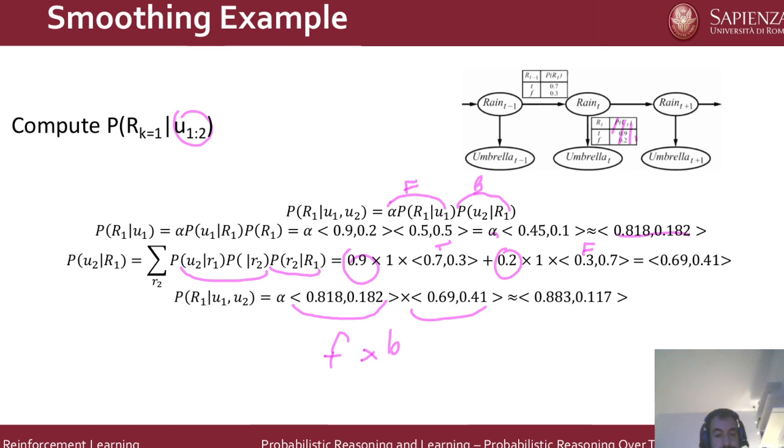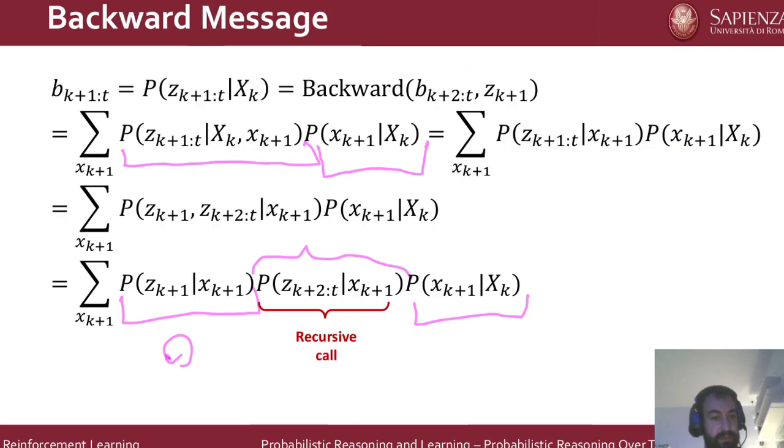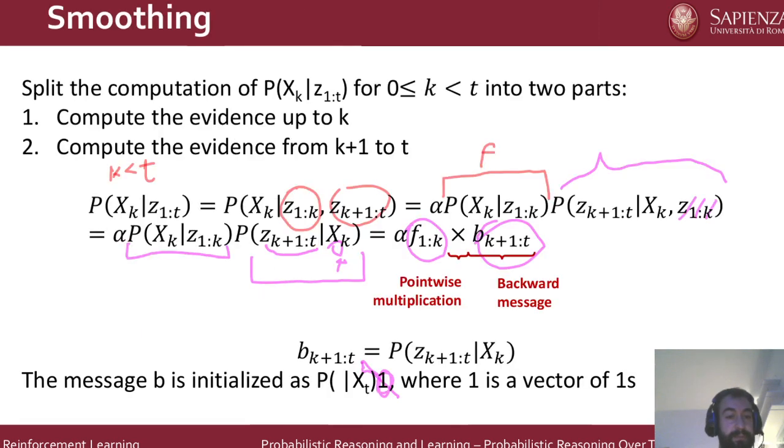Okay, so again, let's go just a second back to this to further clarify this issue. We want to compute for smoothing an estimate of what could have been a previous state given the sequence of observations until a following time step, sorry.